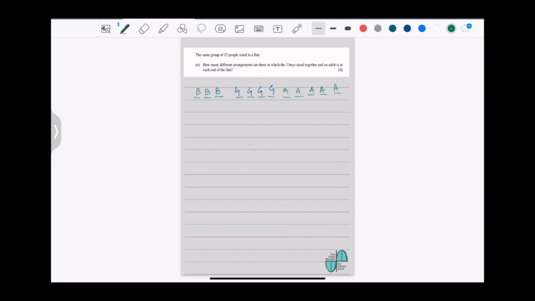And the arrangement should be in such a manner that the adult has to be at each end. So the first one is an adult and the last one is an adult. And 3 boys stand together. So let's keep these 3 boys here and make a box out of it.